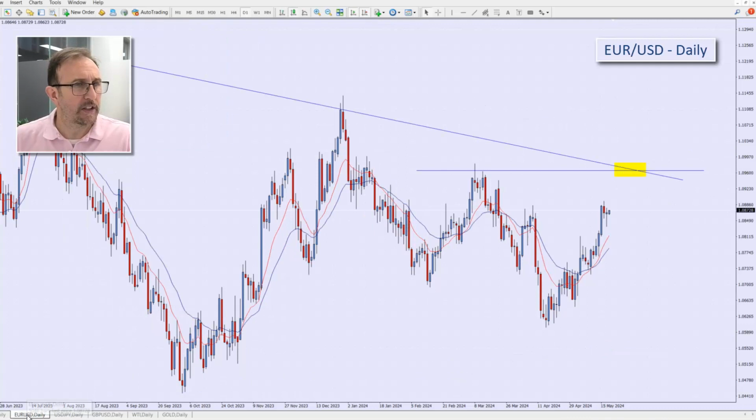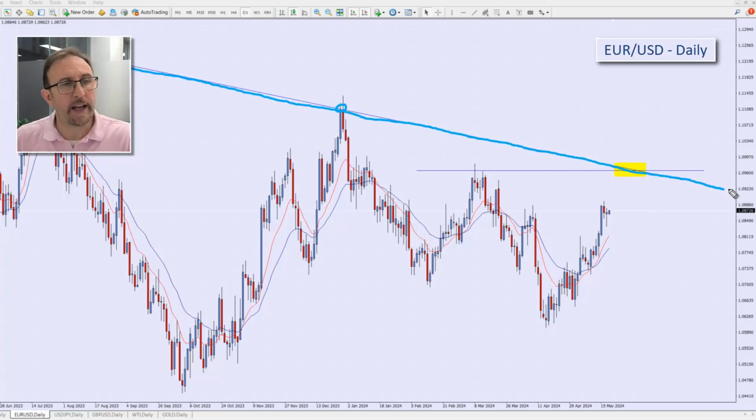Let's move along, have a look at the Euro USD. Okay, Euro USD, I've got two lines drawn on my chart. First of all, the reason for my top line, this one here: I've got a point over here and a point there, so I've just drawn a line straight across, projecting where a possible resistance line may be.